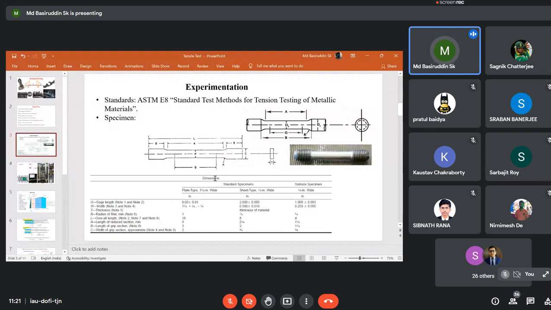Dislocation. Have you heard about the dislocation? Screw dislocation. So in 2D, the line defect is there, or even in 3D, we can say the planar defect, right?